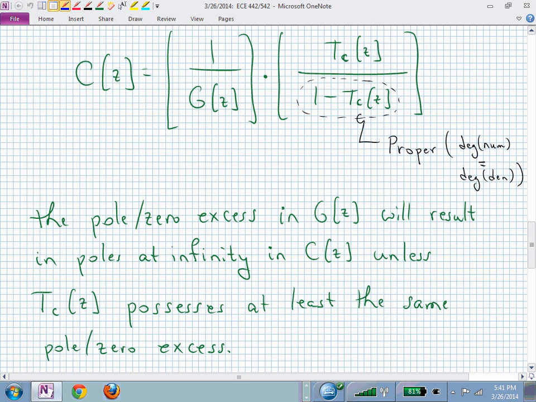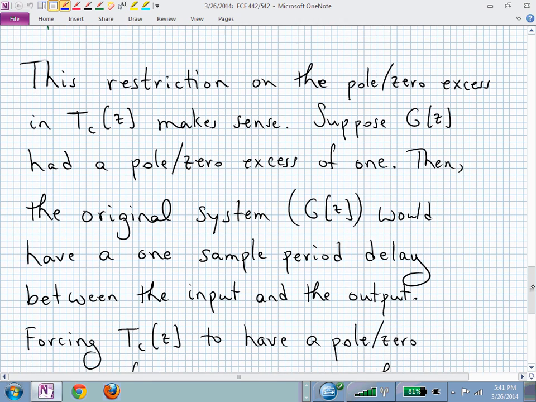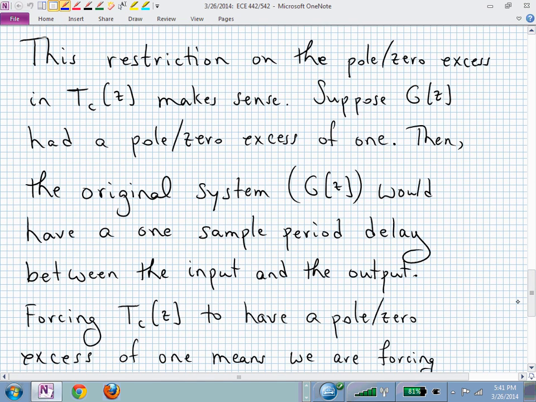Then if we don't have a pole zero excess of 2 or greater in the ideal plant that we're trying to end up with, we're going to have poles at infinity in our controller, C of Z. So here is a long-winded note, which I wrote before class, that you can go home and read and study, and hopefully it will start to make sense at some point.